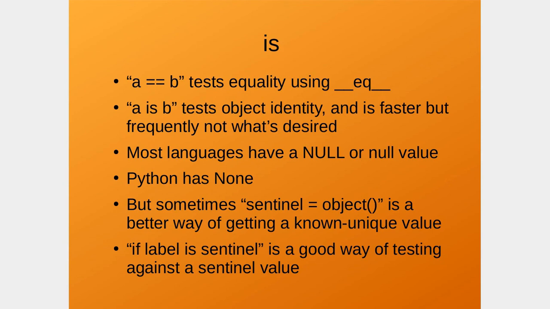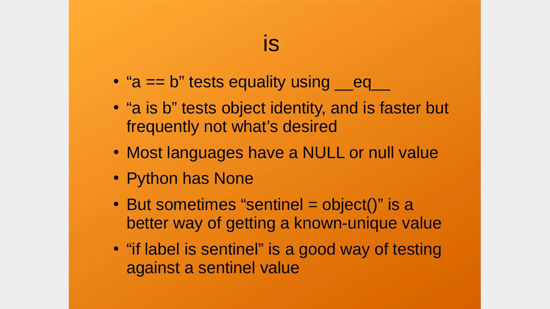Python can also do is for some other types, like small integers, but that's an implementation detail that you shouldn't hinge your code on. You should use equals for integers and most things, except None and what we'll talk about a little later, just moments from now, actually, which is sentinels.